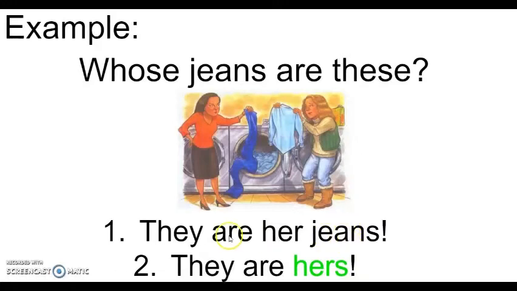In the first one, you have to mention the object, in this case, jeans. When you use the possessive pronouns, you just say they are hers and you don't have to say jeans. You cannot say they are hers jeans. No, you say they are her jeans using the possessive adjective. But if you use the possessive pronouns, you just say they are hers. There is no need to mention the object again.